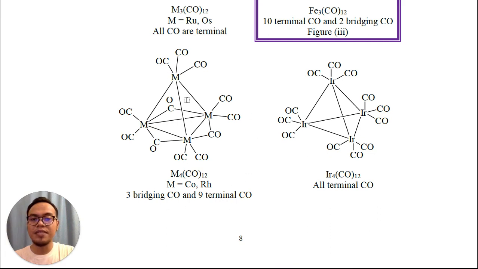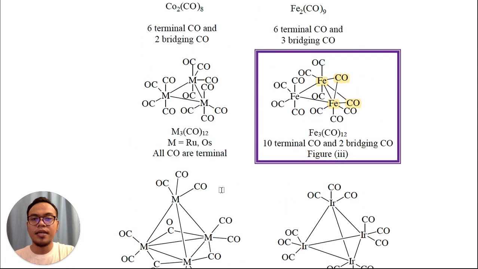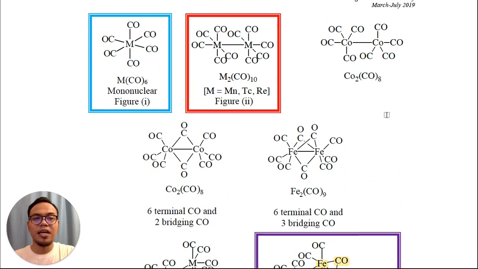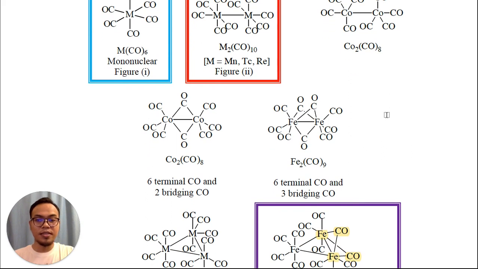So please find the EAN for this compound, for both cobalt and rhodium, as well as for this one. Let's see how many of you can get this right. And please post your answers not on Padlet but in our WhatsApp group.